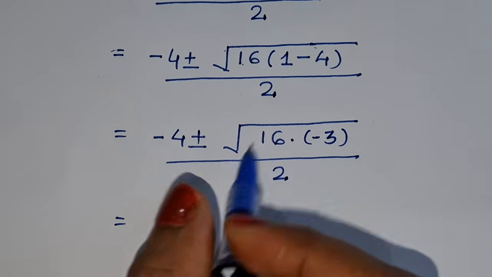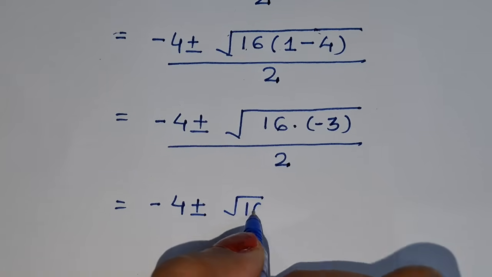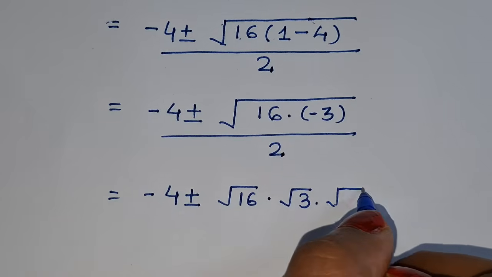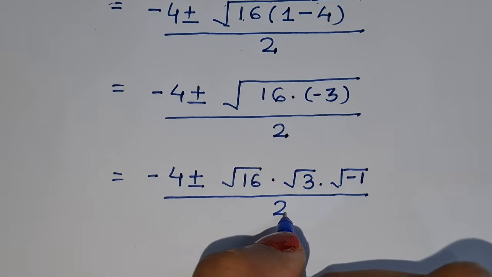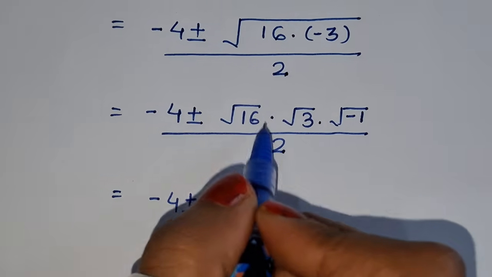Now we can separate this term, so we can write minus 4 plus minus square root of 16 times square root of 3 times square root of minus 1, divided by 2, is equal to minus 4 plus minus square root of 16.